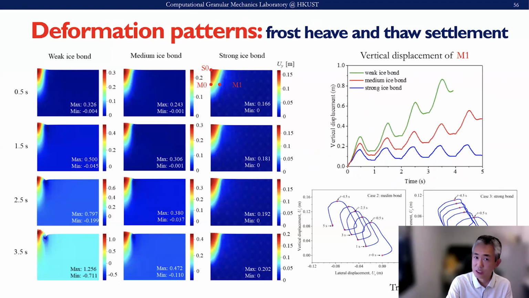And also, if we use different models for the ice bond, weak and strong here, it will have quite different responses. For the weak one, the vertical displacement we feel at the ground surface can be much more significant than for the strong bond here.